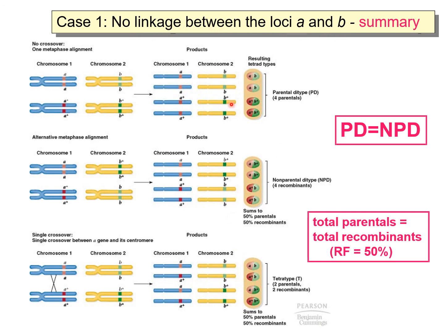This is the summary of what we have seen: here, metaphase arrangement will result in the parental ditype. The reverse arrangement means this chromosome has moved here. See, B plus has moved up to the top, and small b is at the bottom.